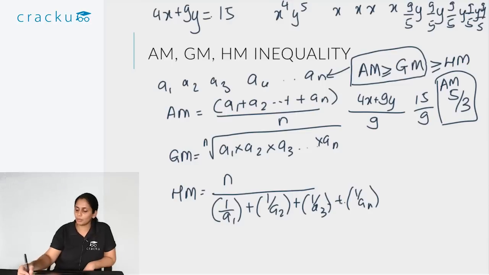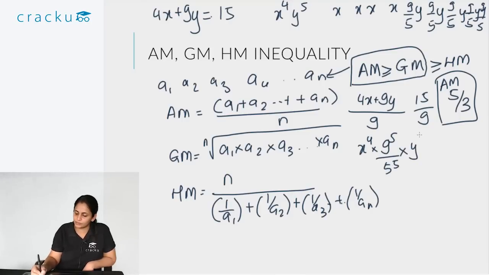Now what would be the geometric mean of these terms? The geometric mean will be the product of these values, so that is x raised to 4 into 9 raised to 5 divided by 5 raised to 5 into y raised to 5, and the 9th root of this will be the geometric mean. Now the geometric mean is less than or equal to the arithmetic mean.